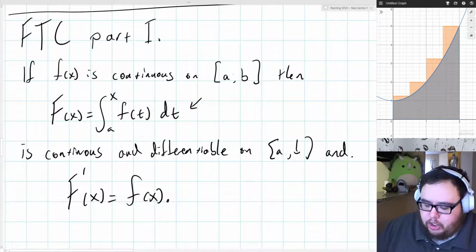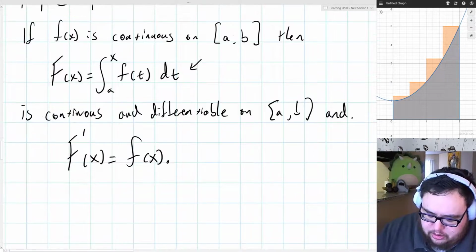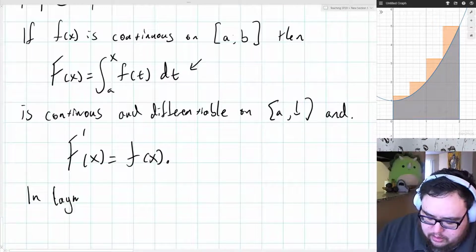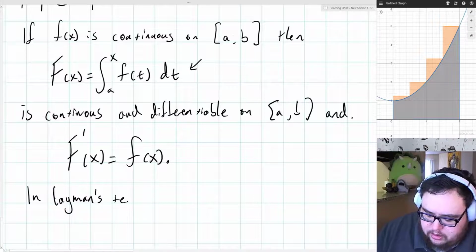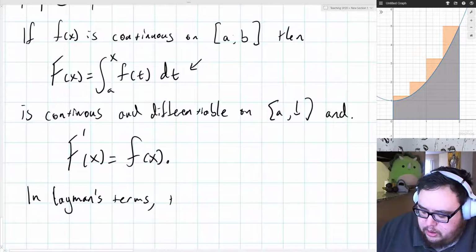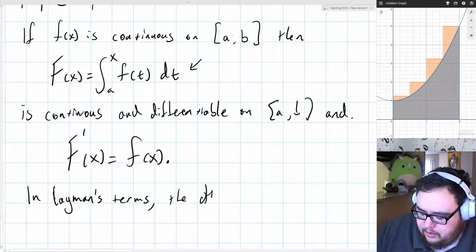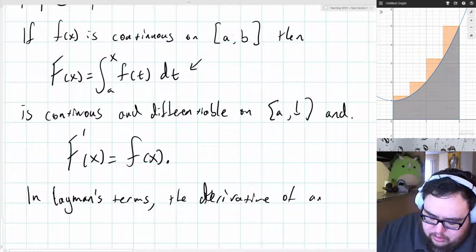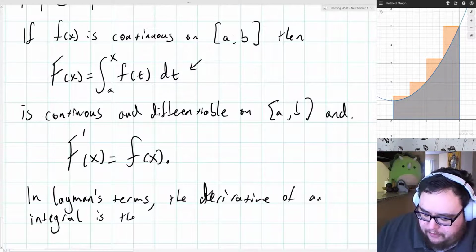Integrals and derivatives undo each other. So in layman's terms, the derivative of an integral is the function you started with.